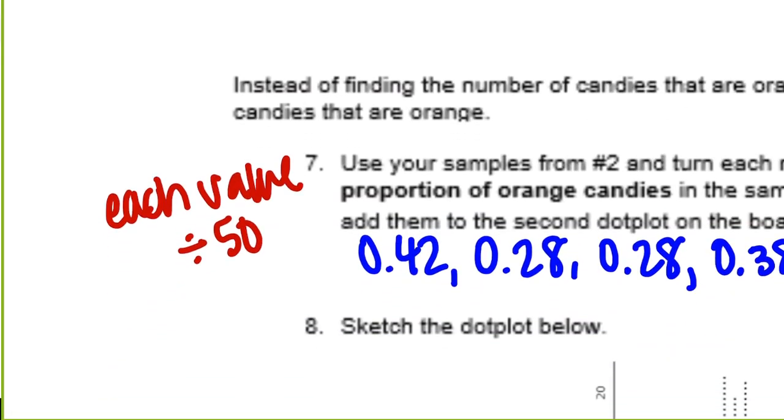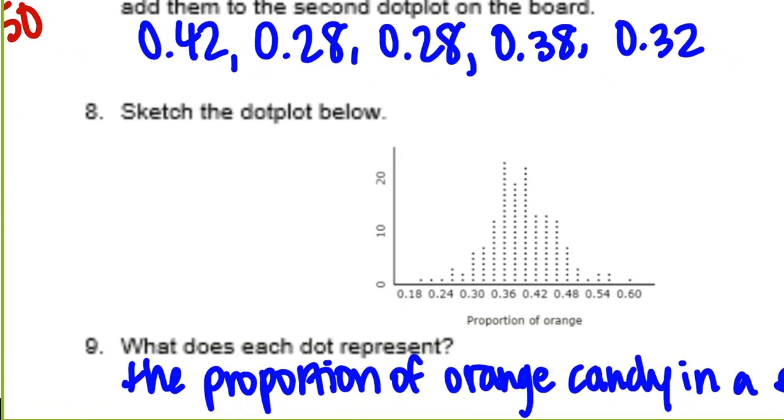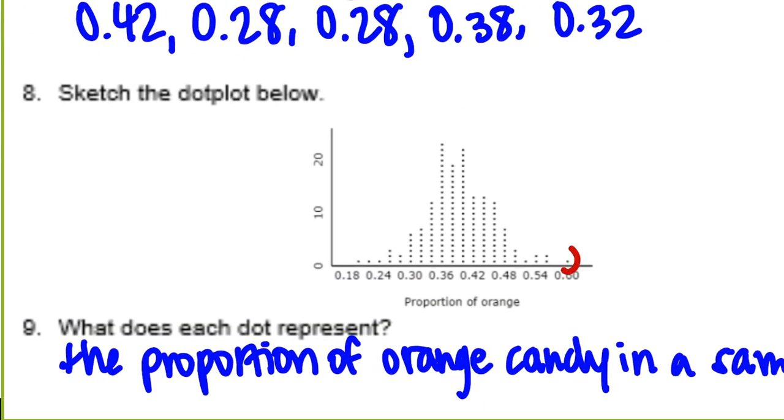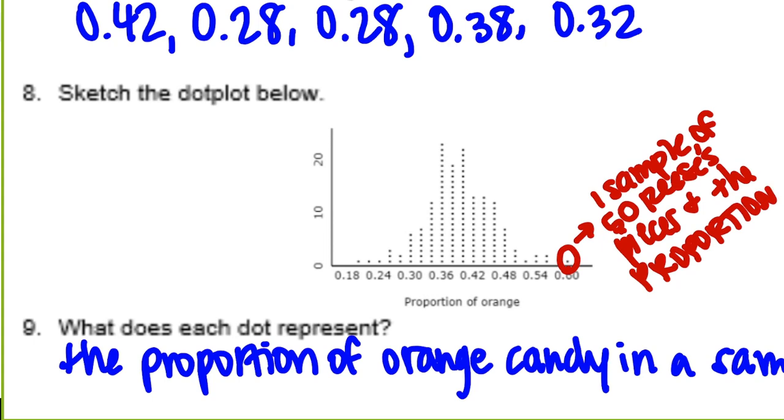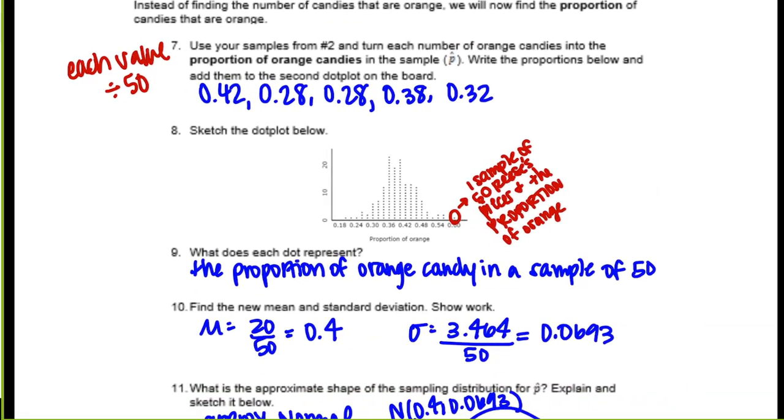So I'm going to look at this 0.6 again. That one is one sample of 50 Reese's pieces and the proportion of orange. And so when we have a sample proportion, we call that a p hat.